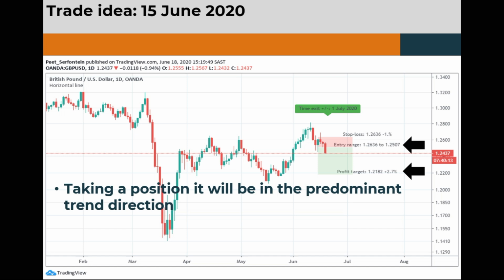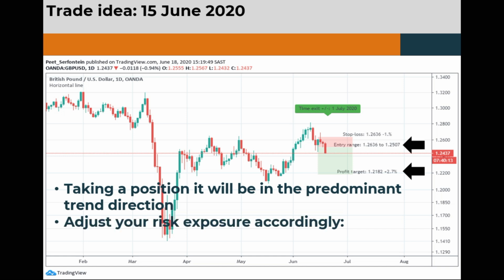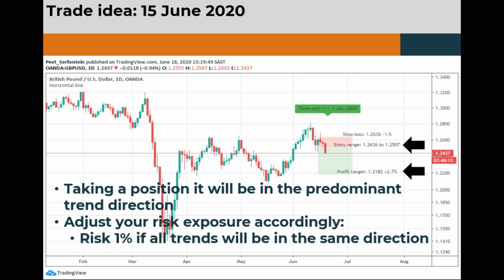Now taking a position in the direction of the predominant trend direction as we've highlighted, this is becoming a high conviction call and you need to adjust your risk exposure accordingly. Then most likely you will take a risk of 1% if the trade is in the same direction as the predominant trend direction.